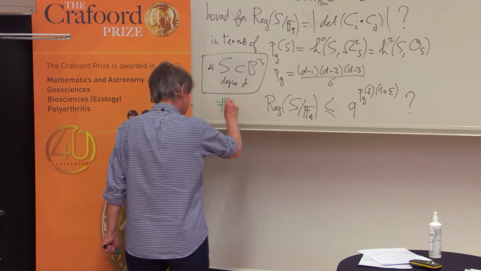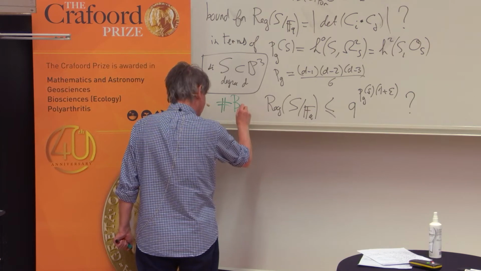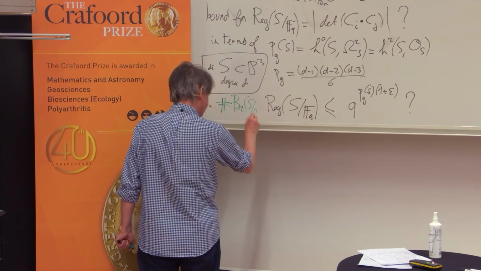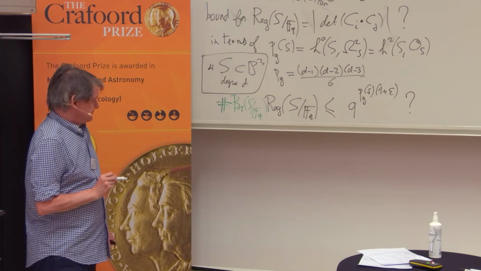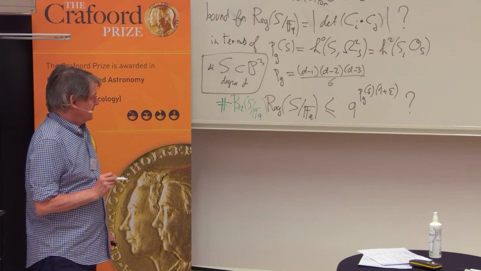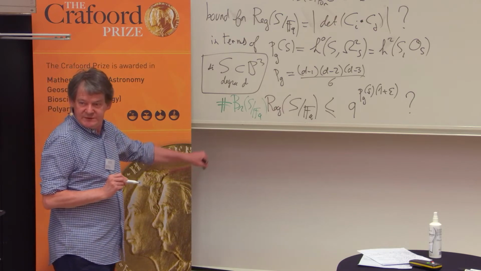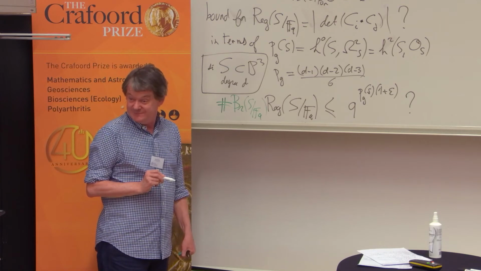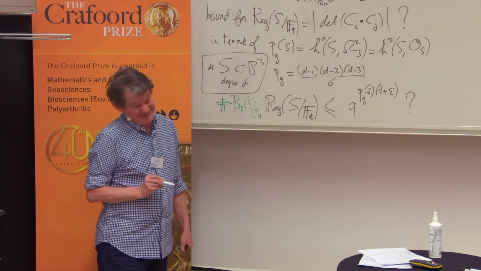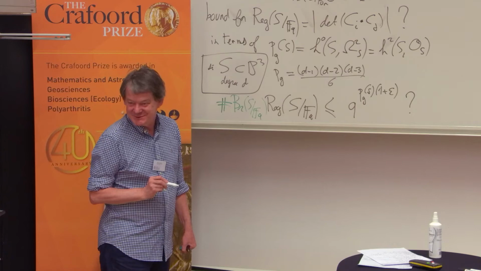What is like the class number is the so-called Brauer group of S over F_q. What I can prove is that if this group is finite, then this inequality is true. Unfortunately, I don't know how to prove that the Brauer group is always finite.